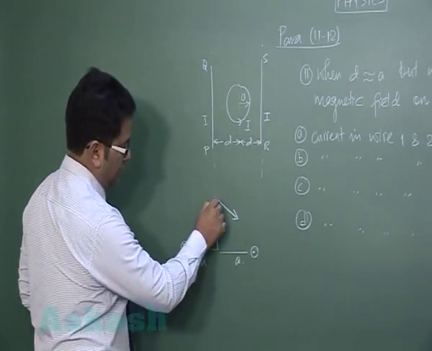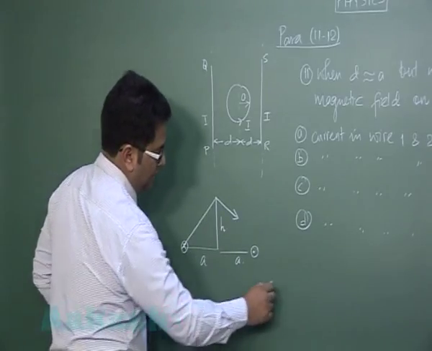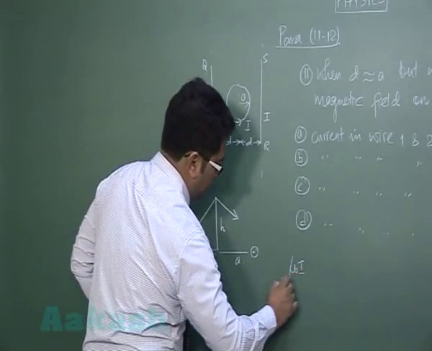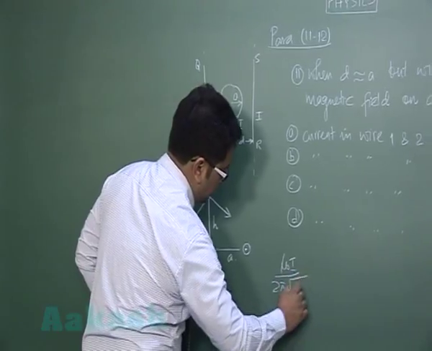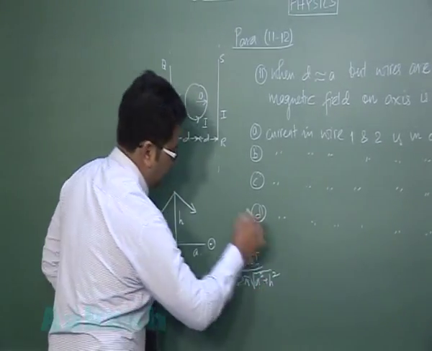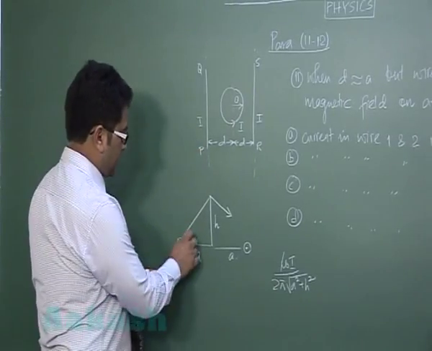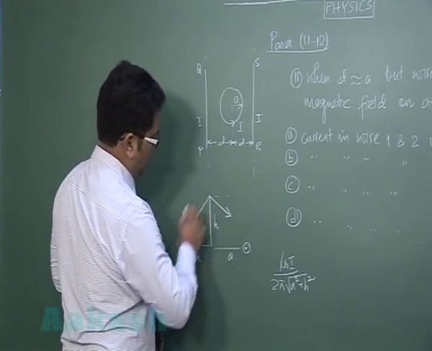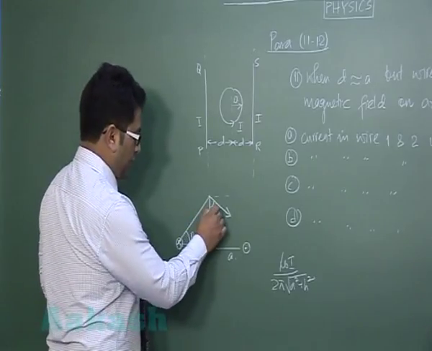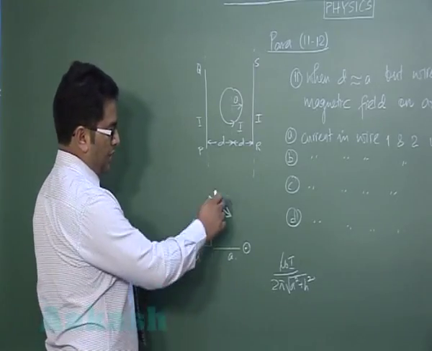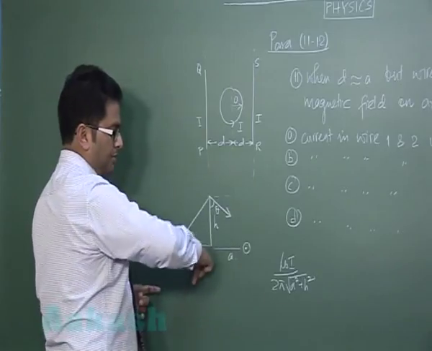That would be, first of all, the field here is mu naught I by 2 pi times distance root of a square plus h square. And the downward component, if I call this angle theta, you could see this angle would also be theta. So its cos component and even its cos component would be down.